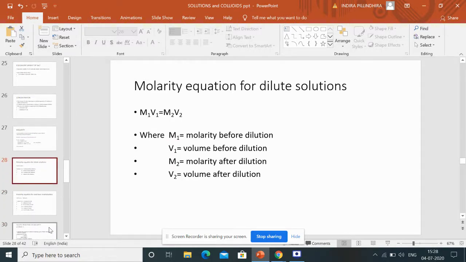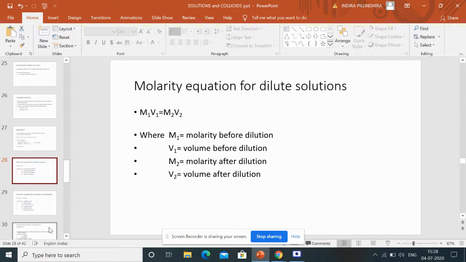So molarity equation for dilution. Suppose we have taken a certain concentration of the solution, and suppose we add some water to that, then naturally its concentration varies. That means as we have diluted the solution, the concentration falls. That means concentration decreases. So there is an inverse relation between the molarity, that is concentration, and the volume of the water added.